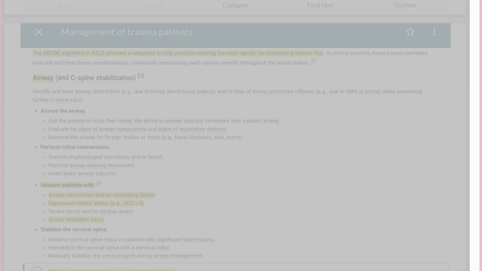Breathing. Identify and treat chest injuries, for example tension pneumothorax, open pneumothorax, massive hemothorax, flail chest, and tracheobronchial injuries. Assess oxygenation, evaluate SpO2, and start continuous pulse oximetry. Assess ventilation.